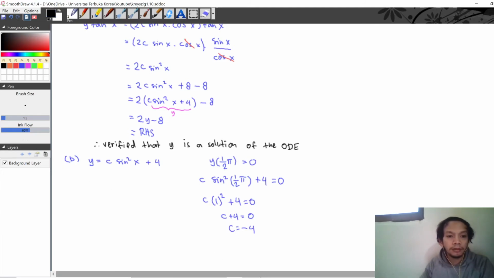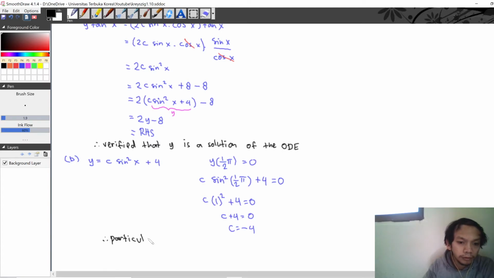So we can conclude that the particular solution of the ODE, we will have y is equal to minus 4 sine squared x plus 4.